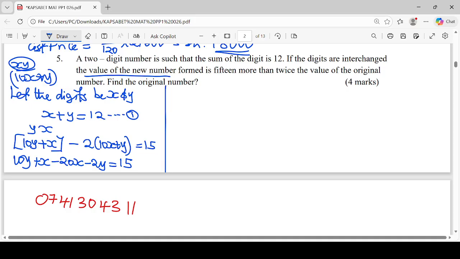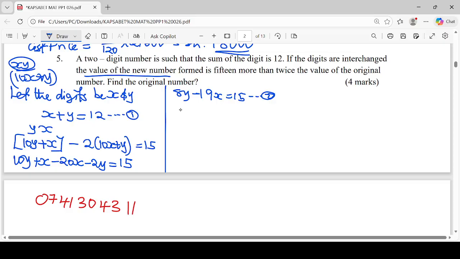So 10y minus 2y, that's going to be 8y. Positive x minus 20x will be negative 19x. This should be equivalent to 15. And this is equation 2.